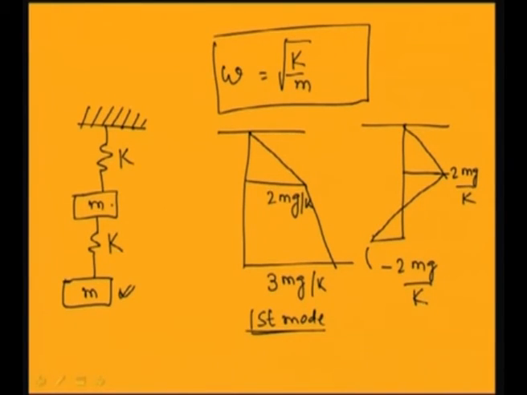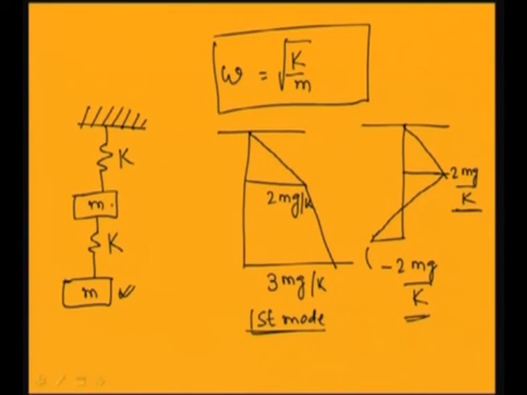So I have taken the static deflection for mass 1 as 2 mg by k and for the second mass 3 mg by k for the first mode, and for the second mode, as both masses move in opposite directions, I choose it in this way.